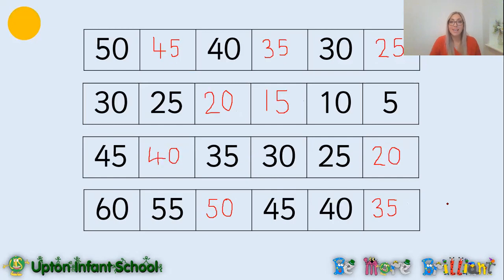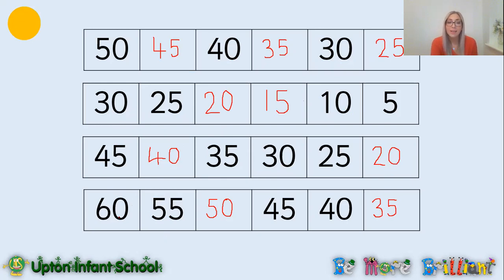And then the amber challenge. So we have got 50, 45, 40, 35, 30, 25. Next one, 30, 25, 20, 15, 10, 5. Next one, 45, 40, 35, 30, 25, 20.